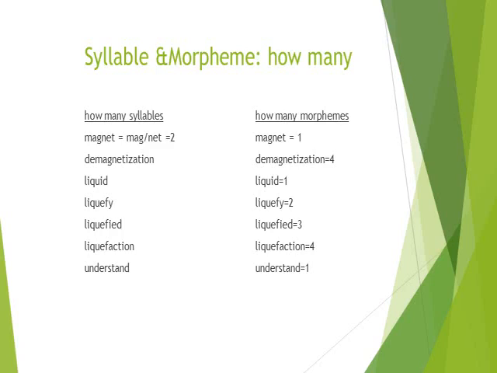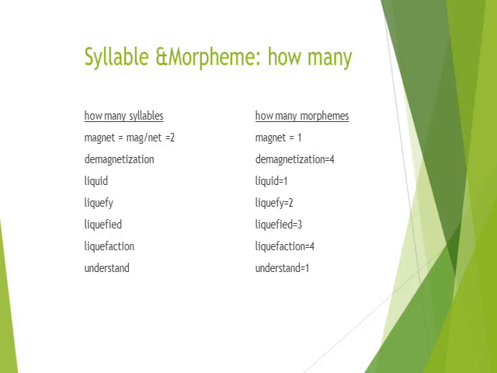We identified 6 syllables, but the number of morphemes there is 4. De is 1 morpheme, magnet is another, ize is another, and then ation is another. So we have a prefix, de; magnet is the root word; ize is the verb; and ation is the noun. So we have 4 there.